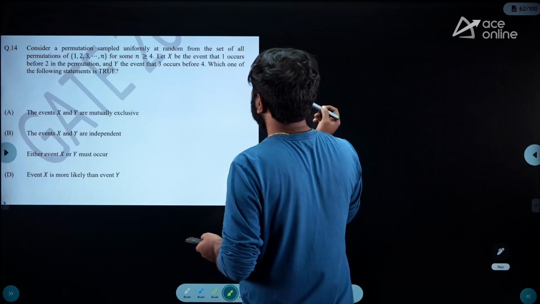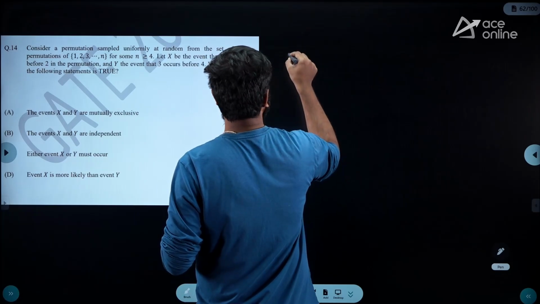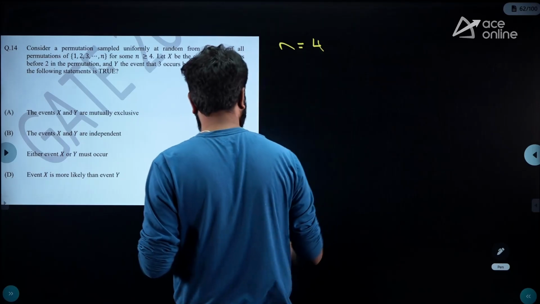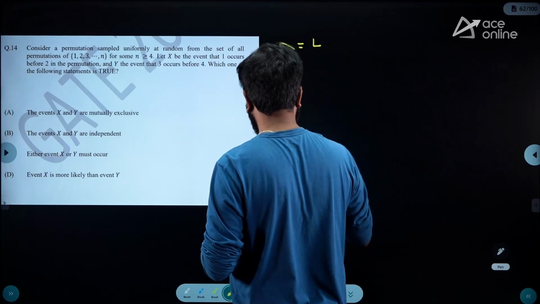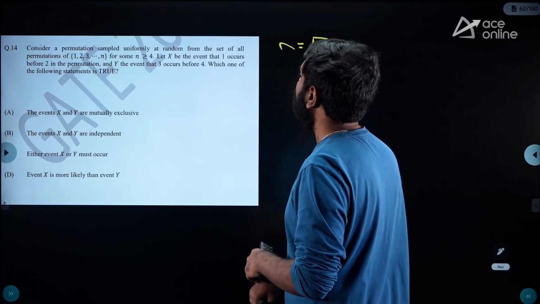Let me just see. Let me cover the event x. Can I take n as 4 or can I take n as 5? No problem, I can take n as 4.